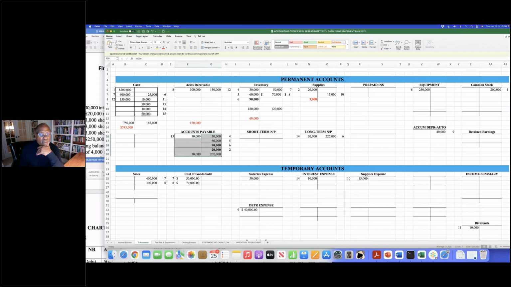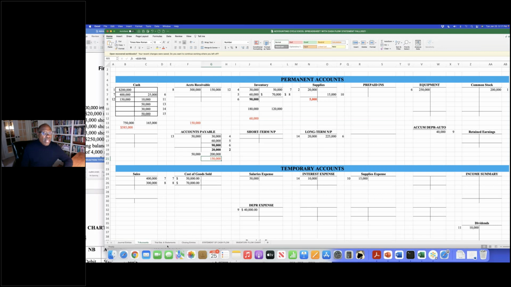But this time we go over here because we know the credits are exceeding the debits. Equal, parentheses. Then I'm going to click on the 200, minus, click on the 50, close parentheses. Accounts payable is $150,000. That's the ending balance. So now we're starting on the credits on the trial balance.